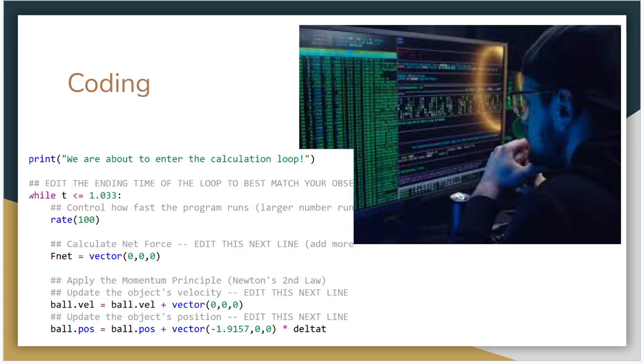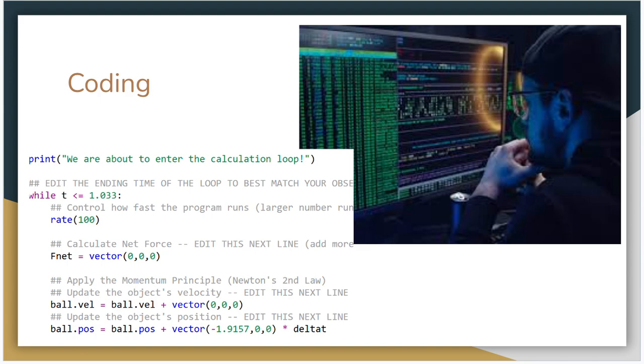So, some coding. We had to do a little bit of coding in this lab. In the coding that updates the ball's velocity, or the object's velocity and position, we made sure to put our Fnet as 0, because there were no forces acting on the object after it had left our hand.